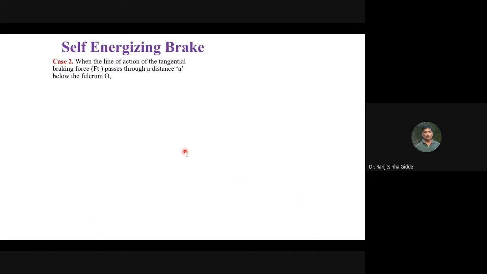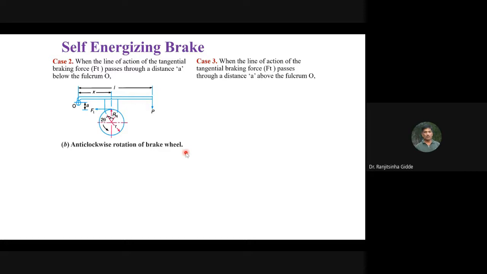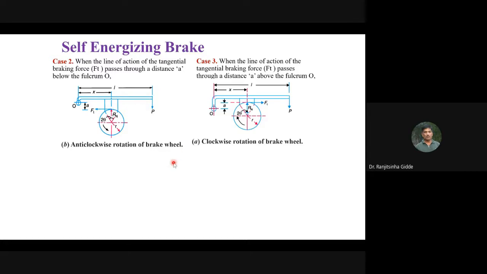Then the second one is the self-energizing brake. Here the same equation we are using. This is Rn with respect to anti-clockwise rotation and clockwise rotation of the brake wheel. And now we are going to consider self-energizing.